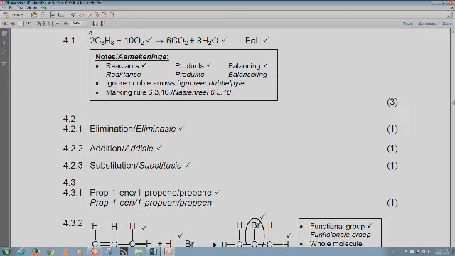In other words, putting the 2 next to C3H8, the 10 next to oxygen, the 6 next to carbon dioxide, and the 8 next to water. It will be 3 marks. Now it's 1 mark for the reactants, 1 mark for the products, and 1 mark for balancing. Ignore double arrows. So even if the learner includes double arrows there, you still give full marks.